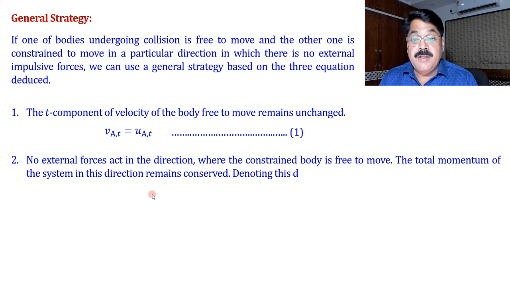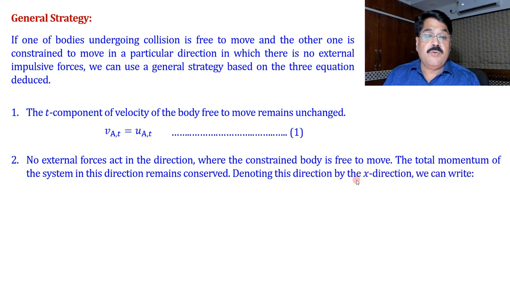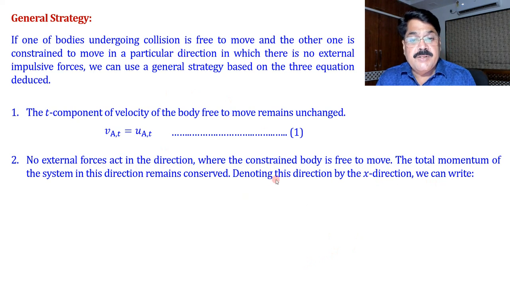Please take care, this direction will not always be horizontal. In both the situations we have taken, that direction was x, but it may be some other direction, so let us denote that direction by x.